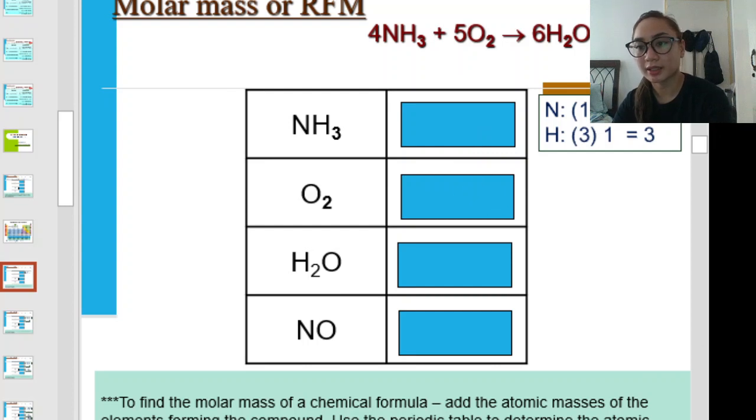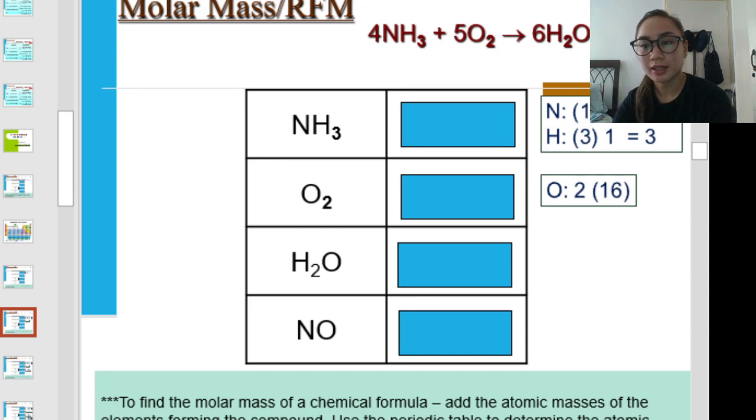Okay, next, we have oxygen here. So, sulat nyo yung element. We have 2 atoms. So, 16 ang atomic mass, based sa ating periodic table. So, 2 times 16, we have 32.